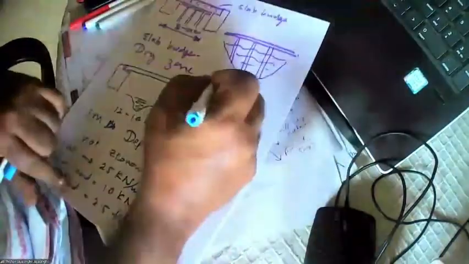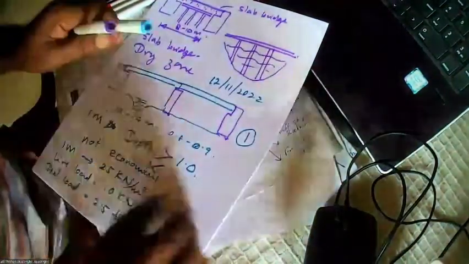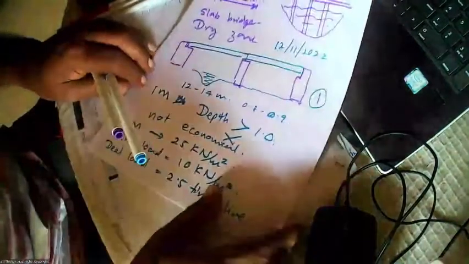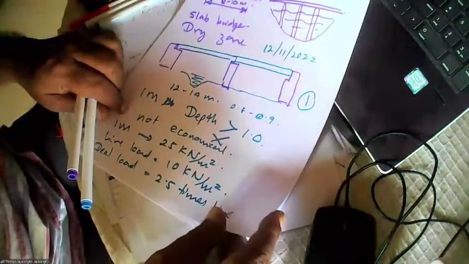What can you say? Today is 12th, 11th, 2022. What can you say about it? Bridge is not economical. Why? So for a bridge to be economical, at least make sure the dead load is equal to live load or a little more. Generally, what dominates the weight of the bridge?